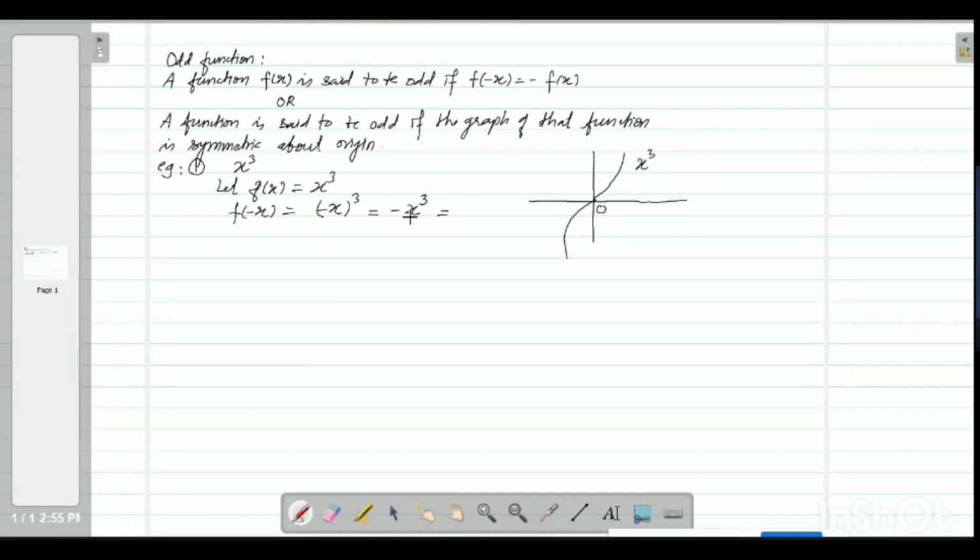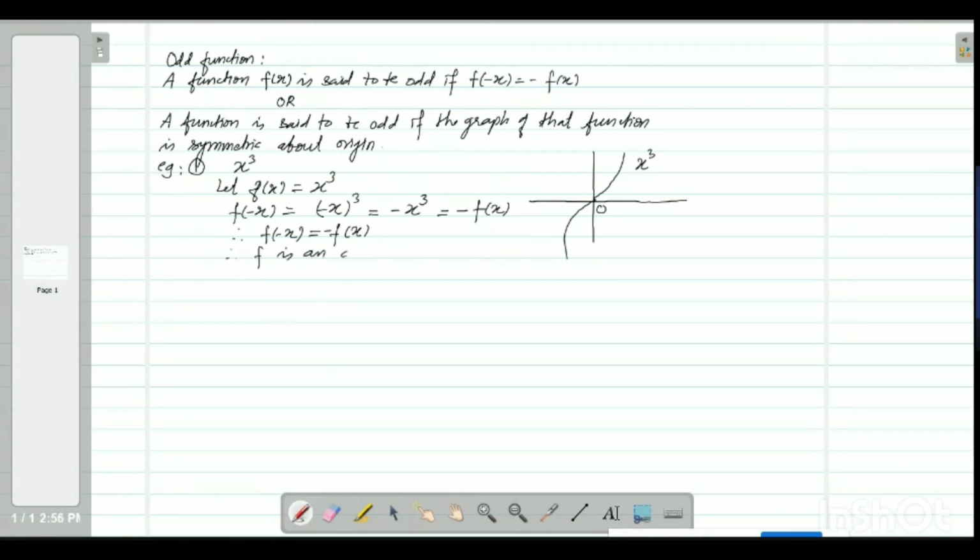But x cube is f of x, so this is minus f of x. Therefore f of minus x equals minus f of x, so we can say that f is an odd function.